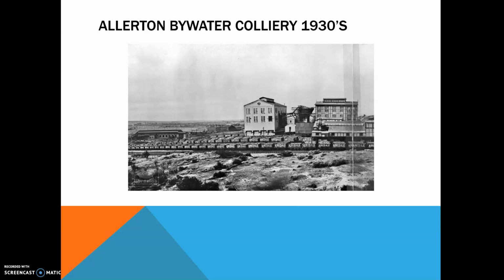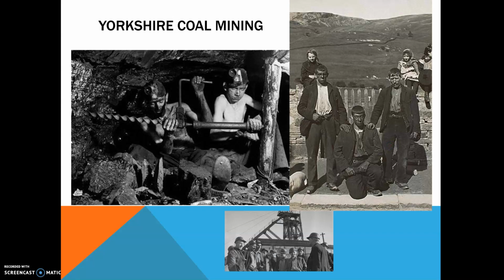This is a famous kind of thing, Yorkshire miners. So this is his colliery, and you can see there's lots of railway wagons here for taking coal, and this was a very, very grim working class life. Next slide, show you some pictures.